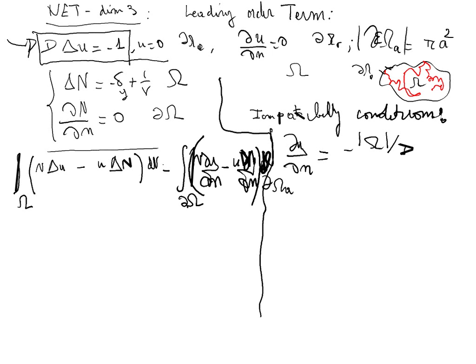Just by replacing the different functions, I will assume here that D equals 1 to simplify the notation.